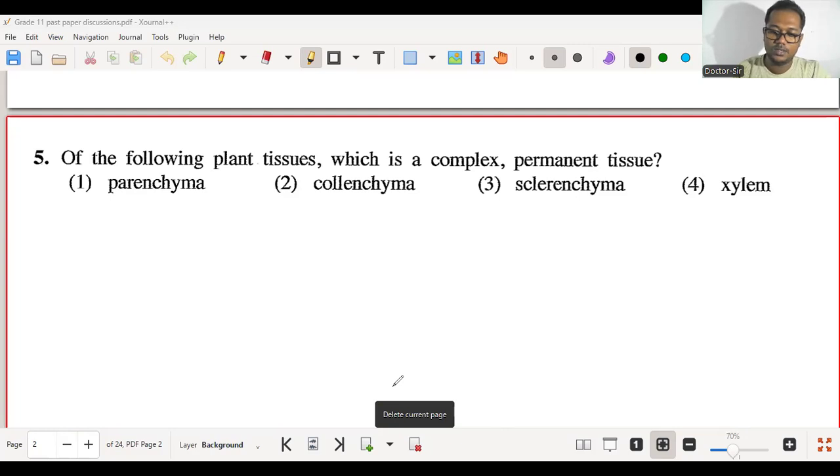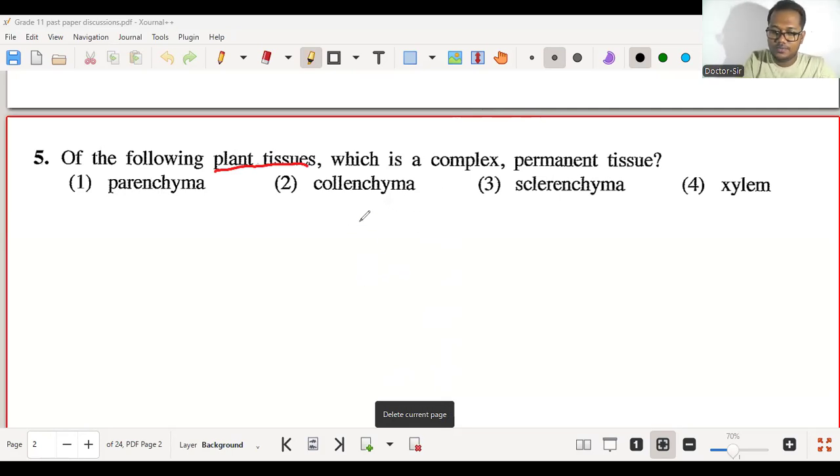Right. So yes, please put the answers into the chat box. Very good. Most of you found the correct answers, so I will go for a discussion. This is regarding plant tissue. We should know about plant tissue and also animal tissues.